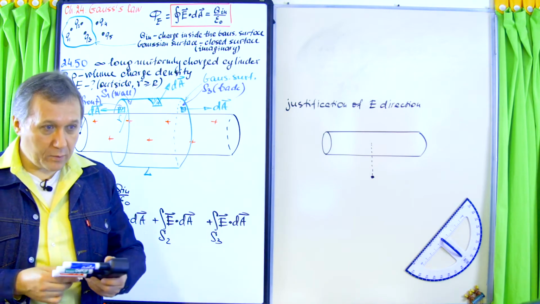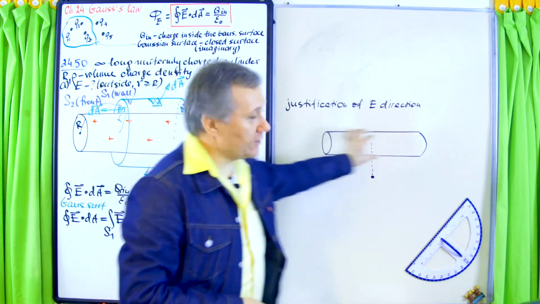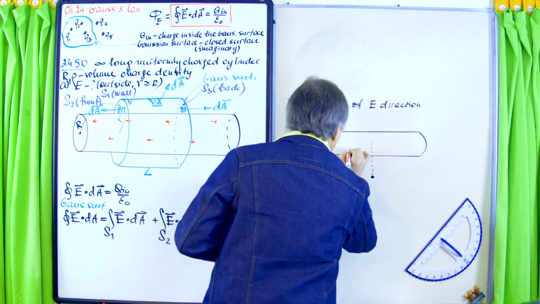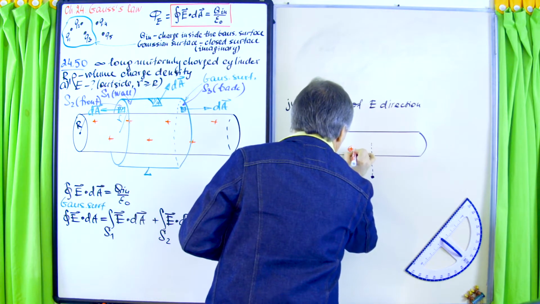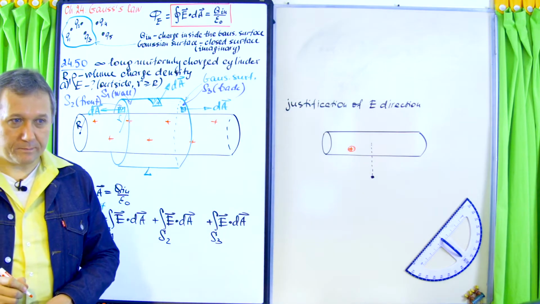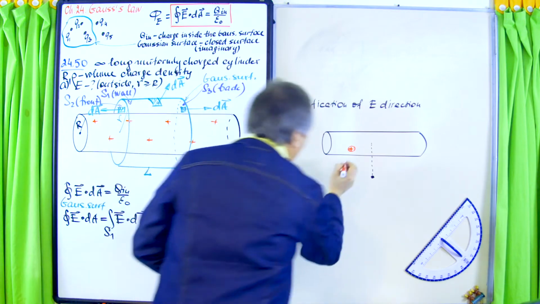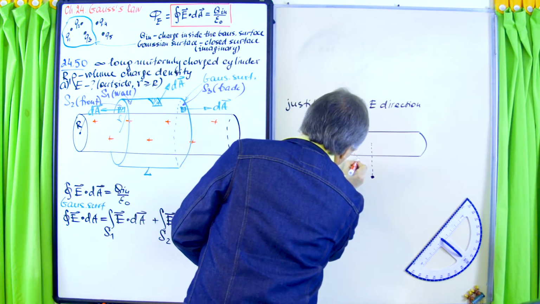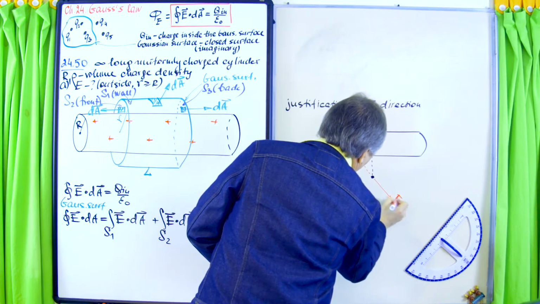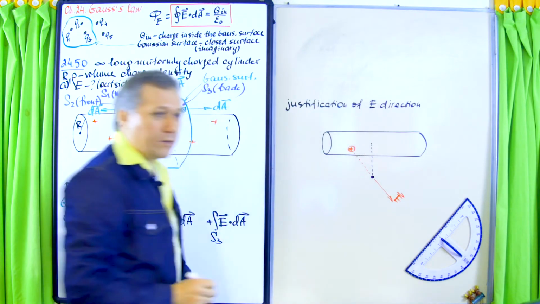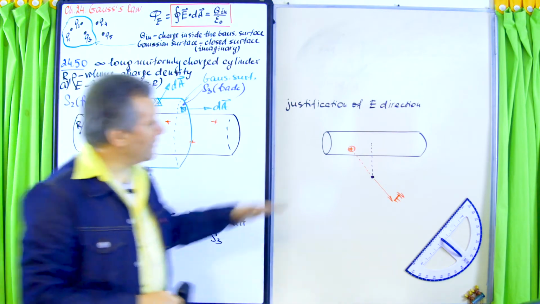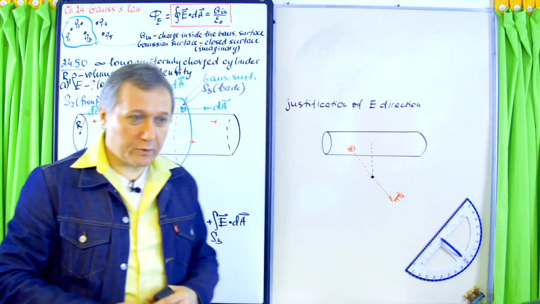And now, since this cylinder is uniformly charged, I can pick a small point charge over here. Of course, this small point charge is going to create an electric field which I can draw like this.